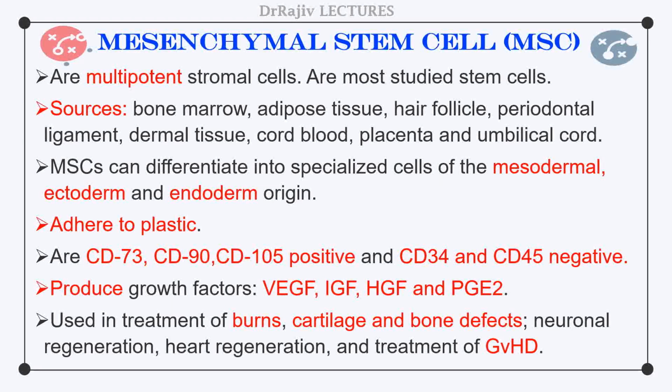Because of relative ease of procurement and due to their abilities of multilineage differentiation and immunomodulation, the autologous mesenchymal stem cells have been used clinically in a variety of applications such as treatment of burns, repair of defects in cartilage and bone, neuronal regeneration, heart regeneration, and treatment of graft versus host disease (GVHD).